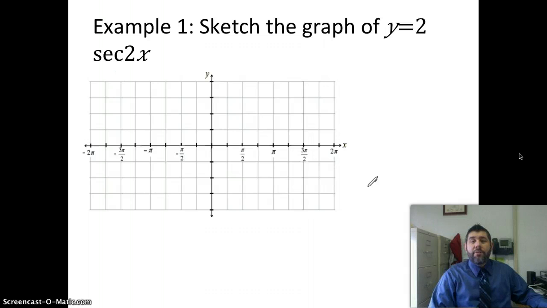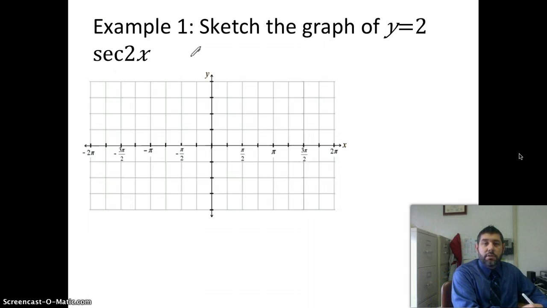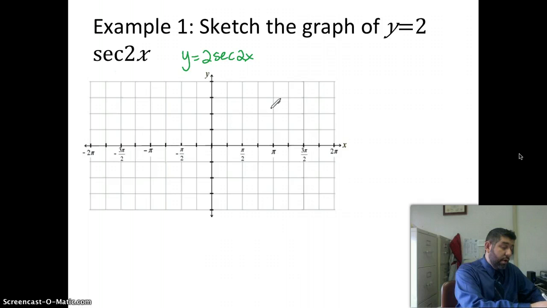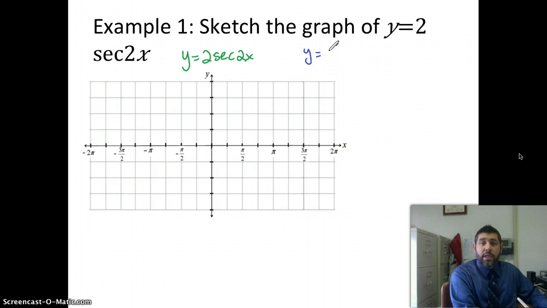So let's sketch the graph of y equals 2 secant 2x. Okay, so what I normally say to do is you should always start with your parent graph, and the parent graph is going to be secant x.